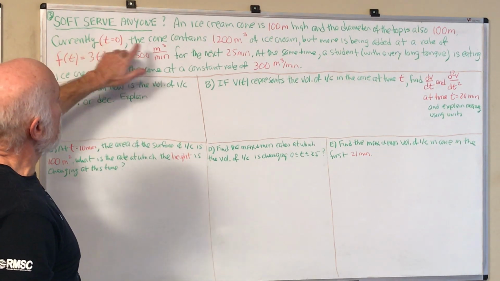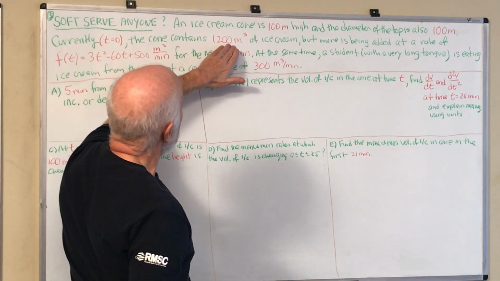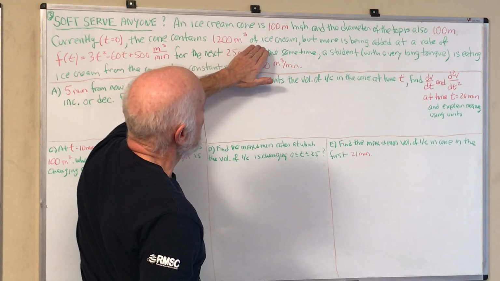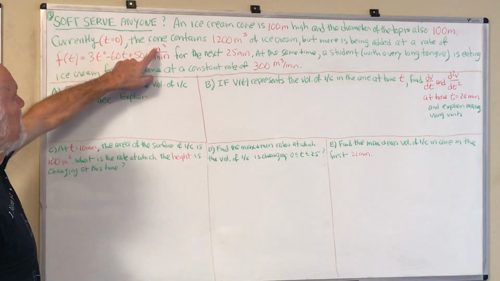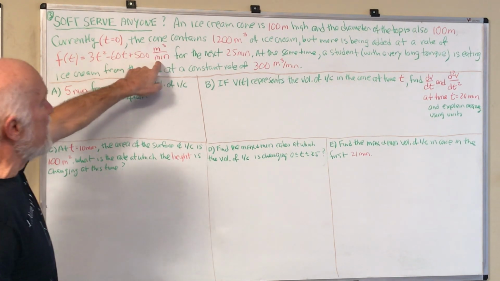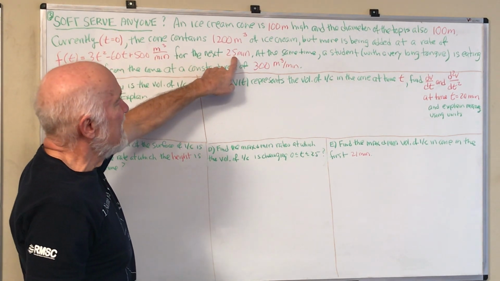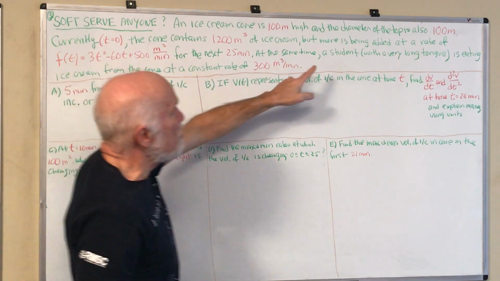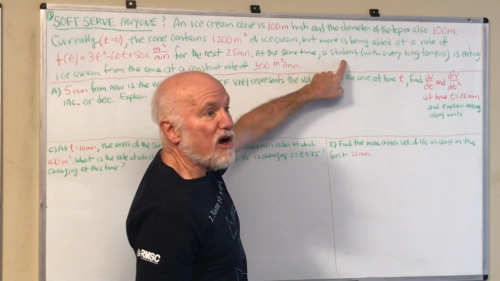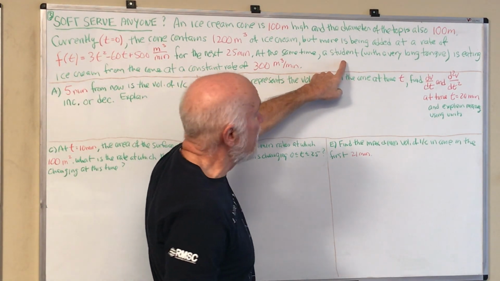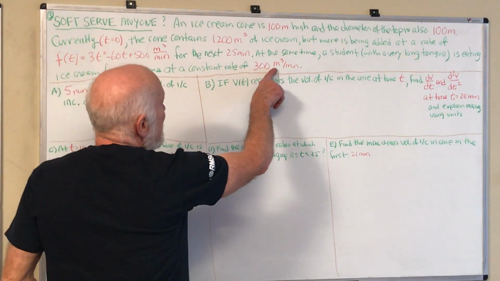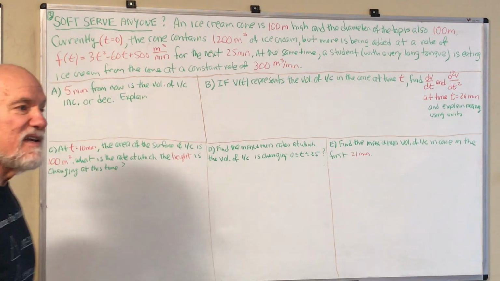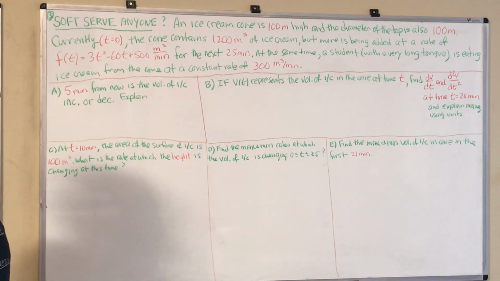Currently, at time 0, the cone contains 1,200 cubic meters of ice cream. But more is being added at this rate, in cubic meters per minute, for the next 25 minutes. And at the same time, a student, who has to have a very long tongue because of how big this cone is, is eating ice cream from the cone at a constant rate of 300 cubic meters per minute. So he also has a good appetite, or she does.